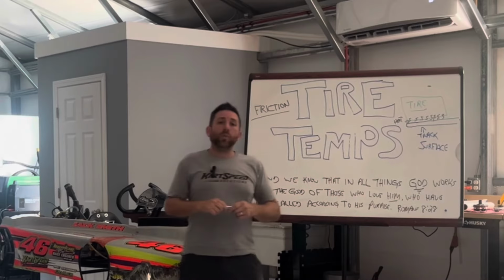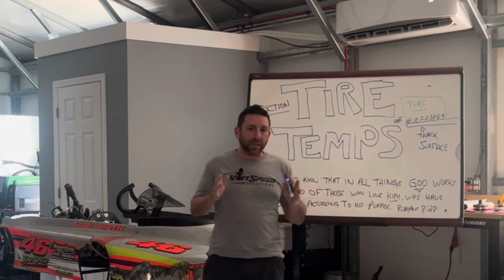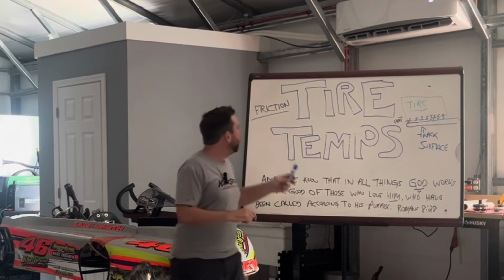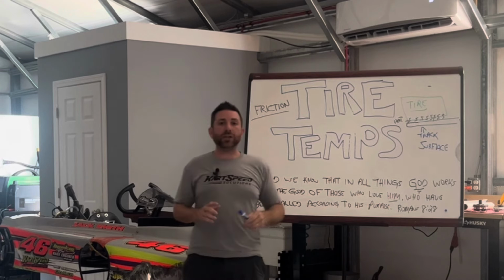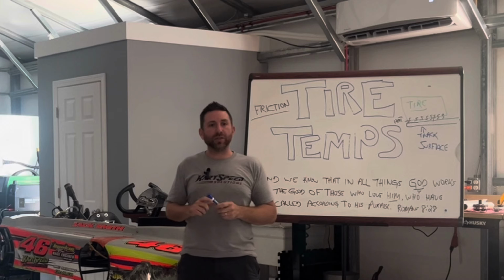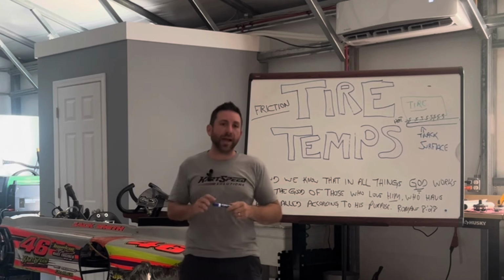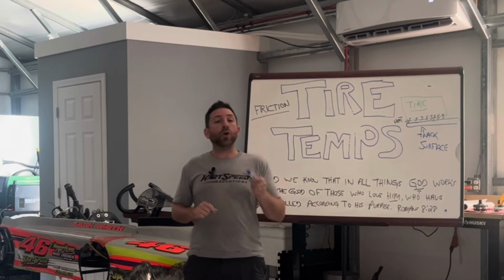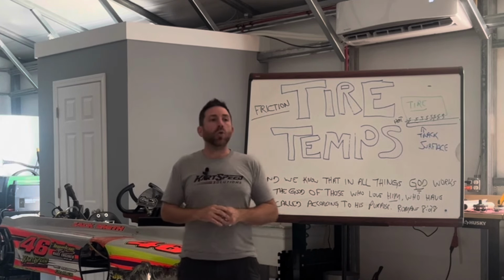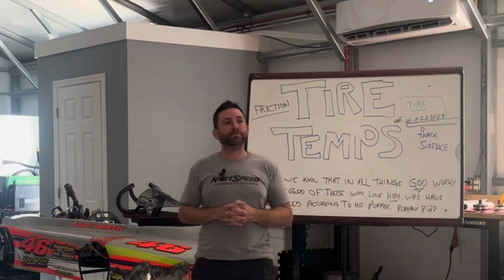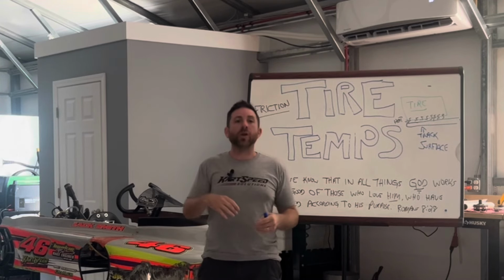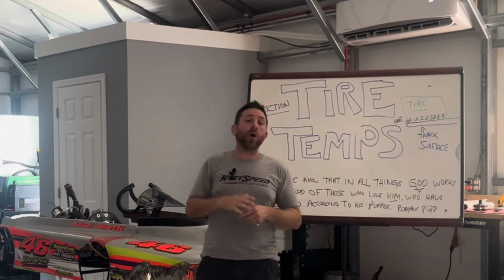Before we get started, we have to define a term that directly affects tire temps. It is friction. What is friction? Friction is the resistance between two contact surfaces. There are two different types of friction. There is static friction, like, keeping it in tire terms, a car that's parked on a hill.